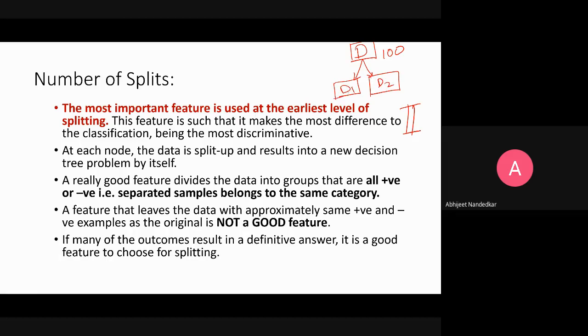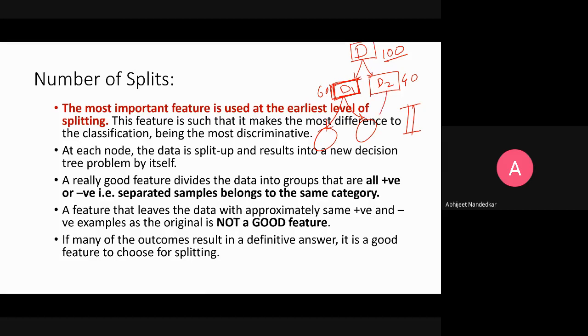Say 60 samples are here and 40 samples are here. So this is now a new data set for you. This is a recursive problem, so you can solve this D1 data set problem, and you can take some feature and divide it into further subsets.